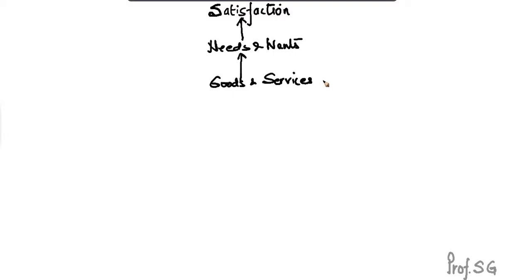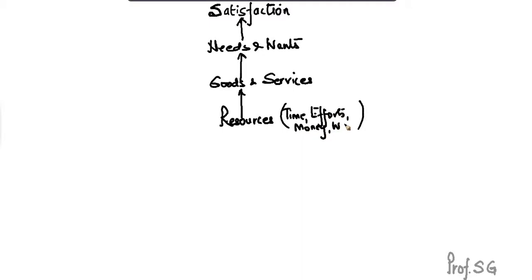Now, these goods and services that we need to fulfill the needs and wants can be attained through certain resources, and these resources in economics can be categorized in simple terms as, let's say, time, efforts, money, or wealth.